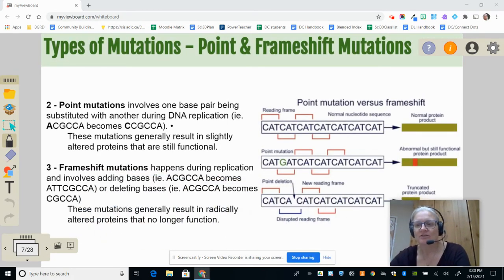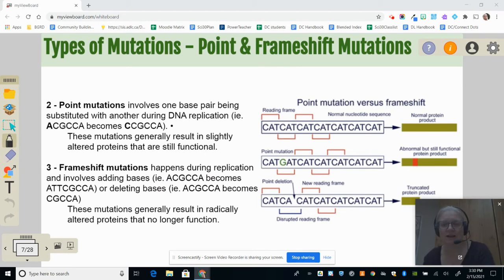All right, so other types of mutations that we're going to look at in more detail right now. The first one is called a point mutation. It involves one base pair being substituted with another during DNA replication.